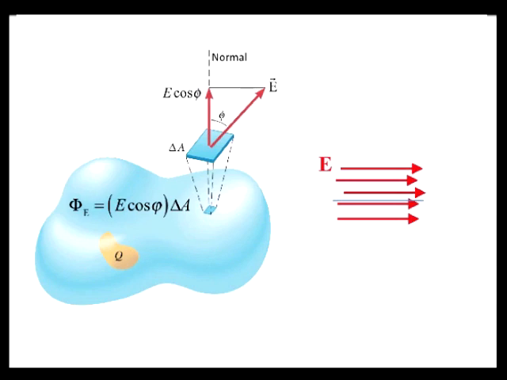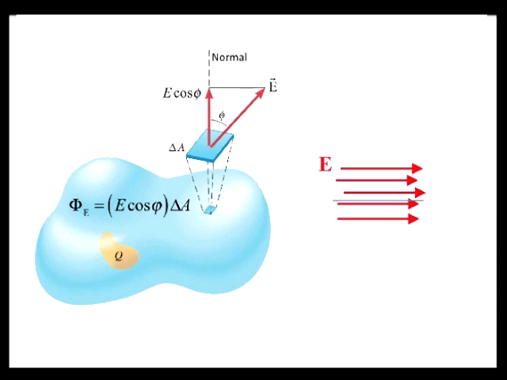When phi equals 90 degrees, cosine phi equals 0 and the flux is 0. When phi equals 0 degrees, cosine of 0 degrees equals 1 and the flux is maximum. This result was just the flux for one tiny element of the surface with area delta A.